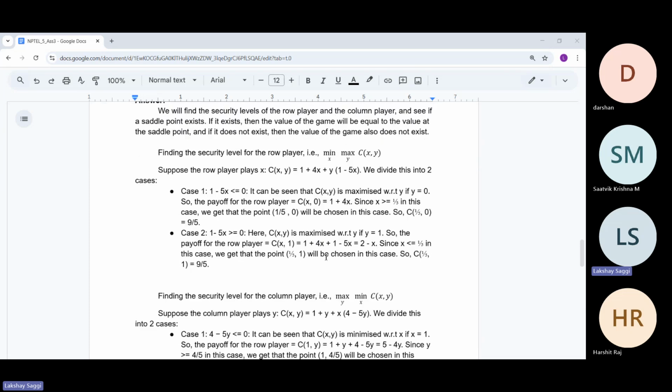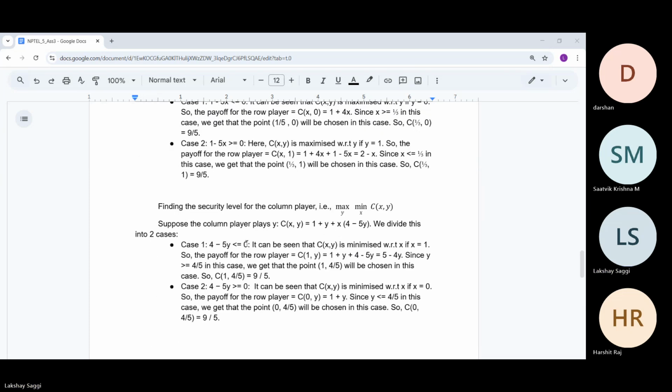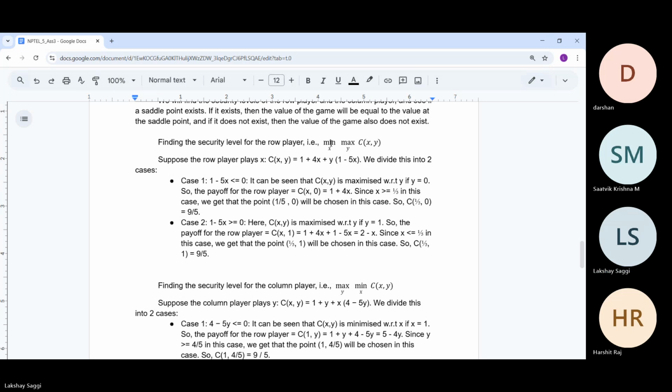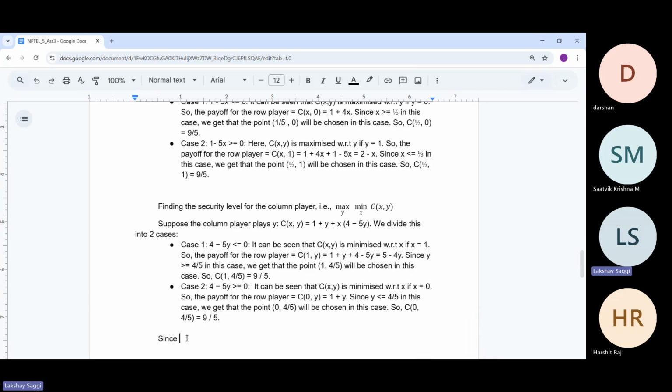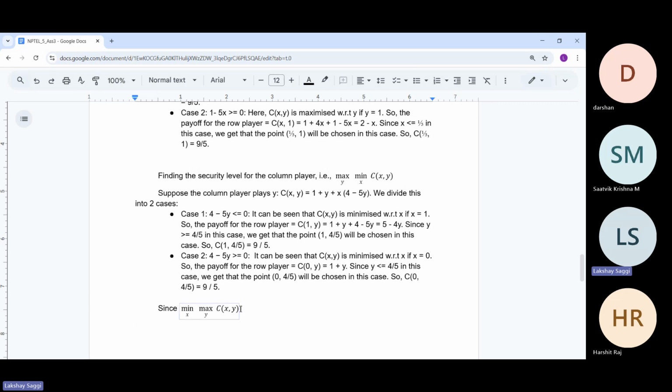So in this case, we will have the game's value as 9 by 5. Since min over max over this is actually equal to max over min over this, the row player's and column player's payoffs are equal and it is actually equal to 9 by 5.